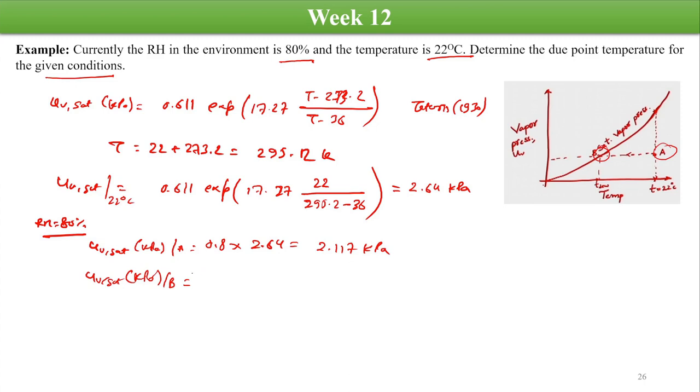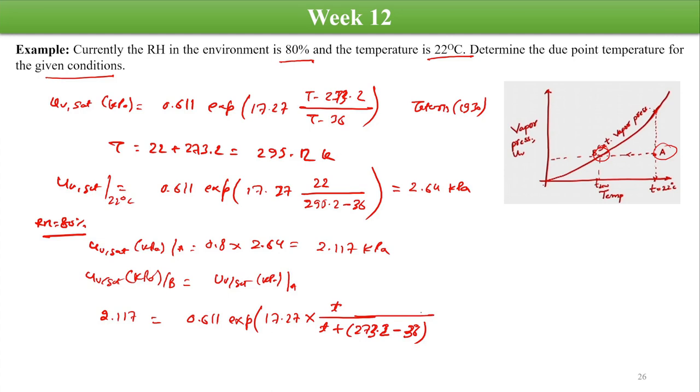If we equate it to the Uv value in kPa at A, then 2.117 is equal to 0.611 exponential 17.27 times small t, if we write it in degrees Celsius, upon t plus 273.2 minus 36.